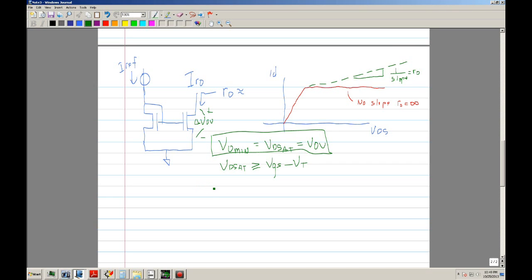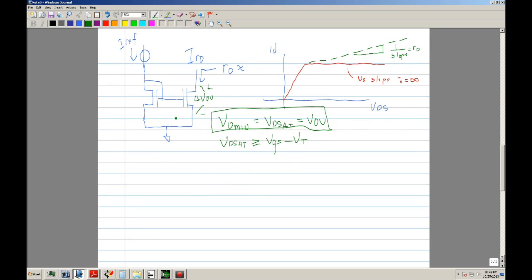Now, what is common to circumvent this? In other words, since you have a slope, depending on where your VDS is, whatever this voltage is at the drain, you might be operating let's say right here.